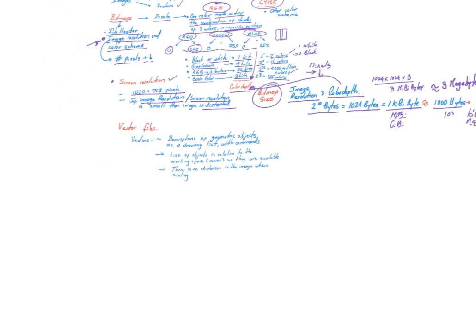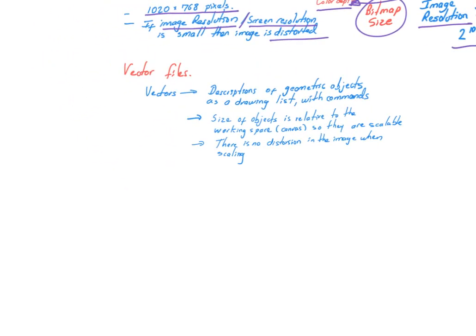Giga, tera, all that. All right, now vector files are a different type of file, where what you have is vectors and descriptions of geometric objects. So you have geometric objects like circles and squares and triangles, where you define a position in the canvas, which is like an imaginary workspace, and then you define where these are going to be placed.